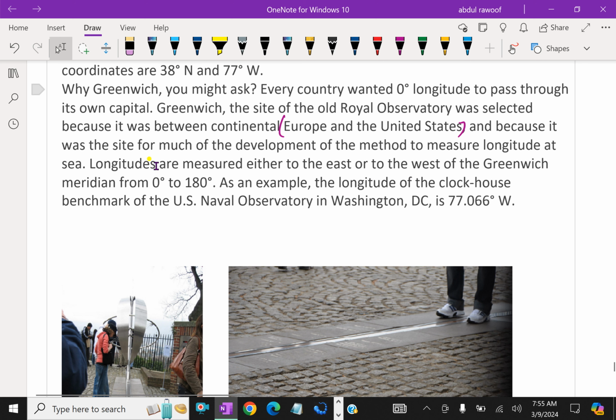It was also the site of much of the development of the method to measure longitude at sea. Longitude is measured either to the east or to the west of the Greenwich meridian from 0 to 180 degrees.